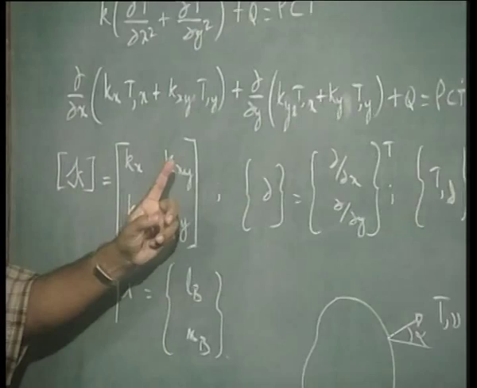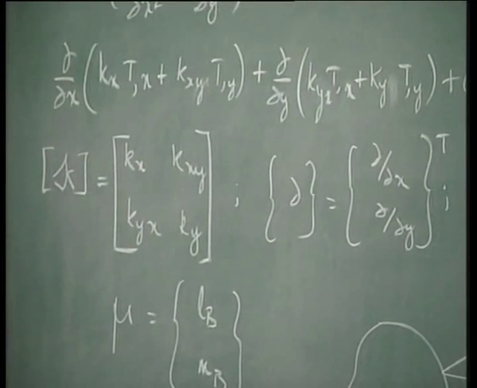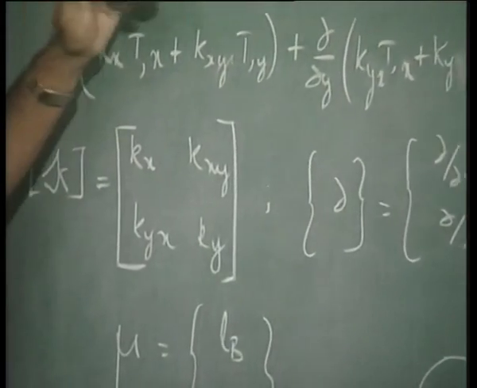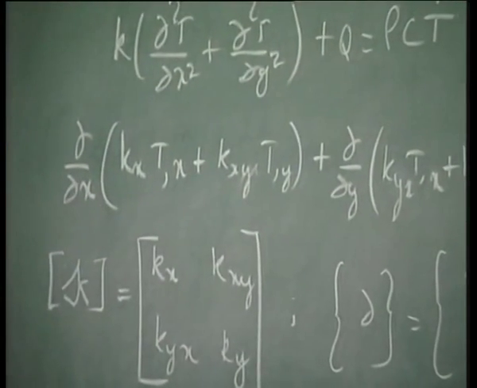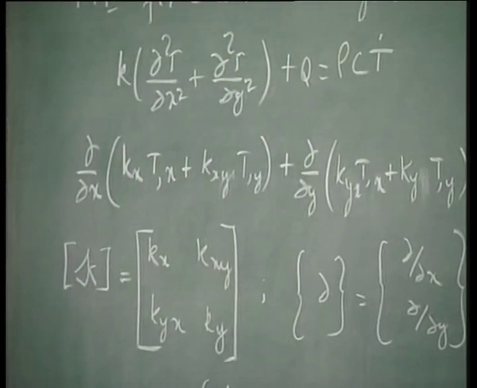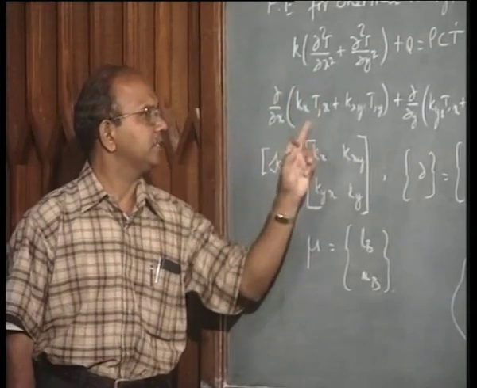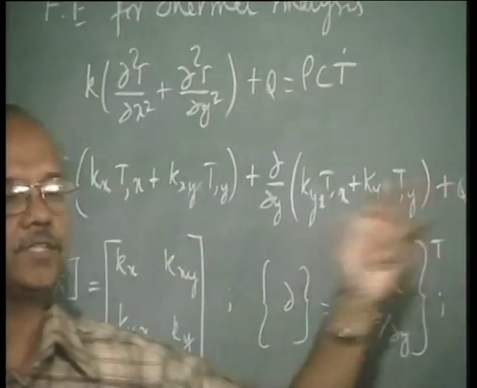K, K, 0, 0, that is it: K into 1, 1. This is just to make this equation assume a much more generalized form. So in a very generalized form this equation can be written in this fashion.